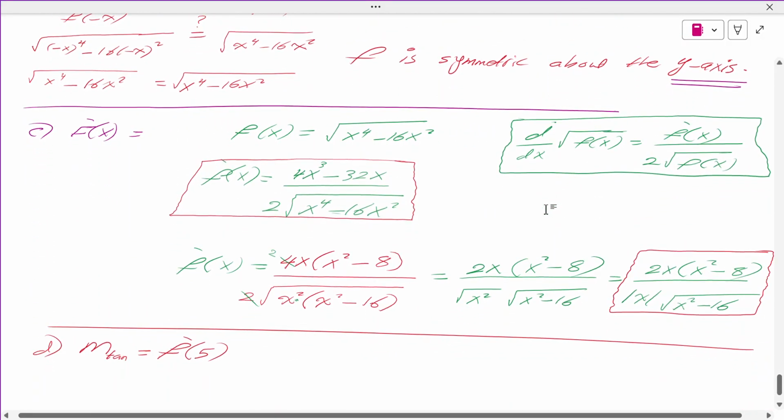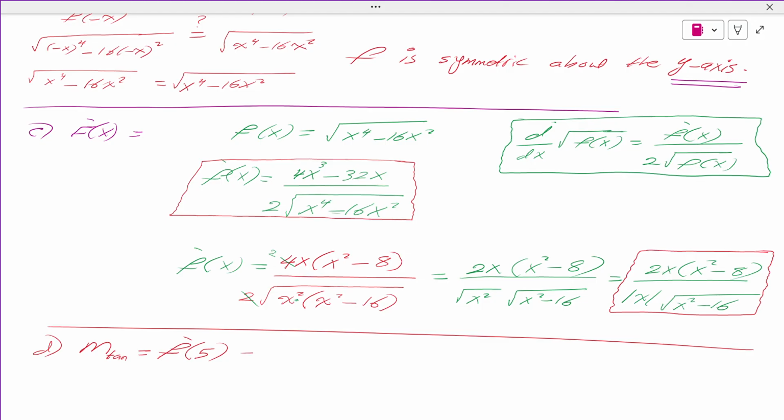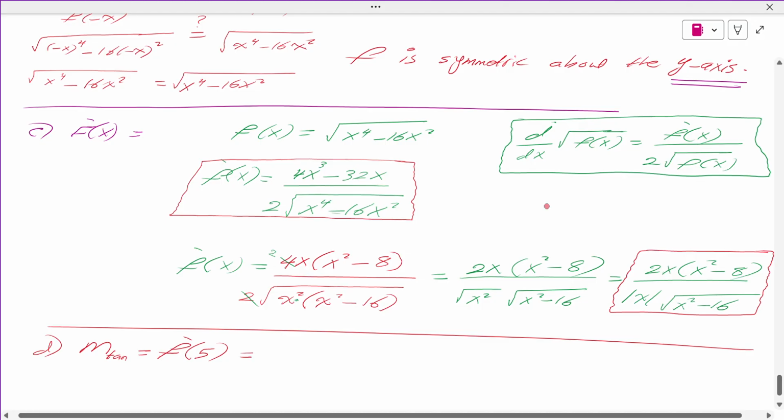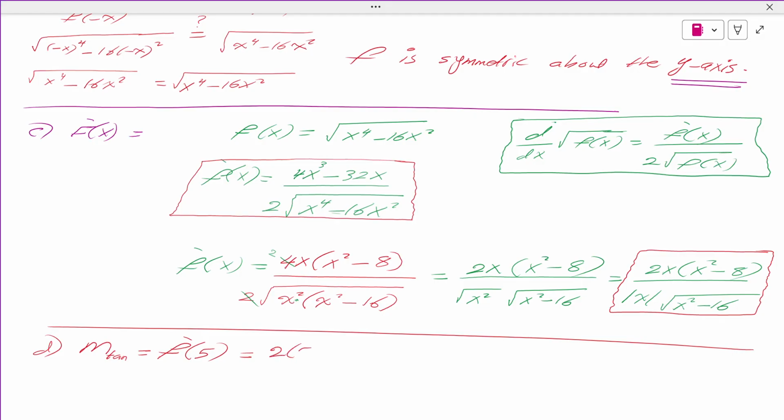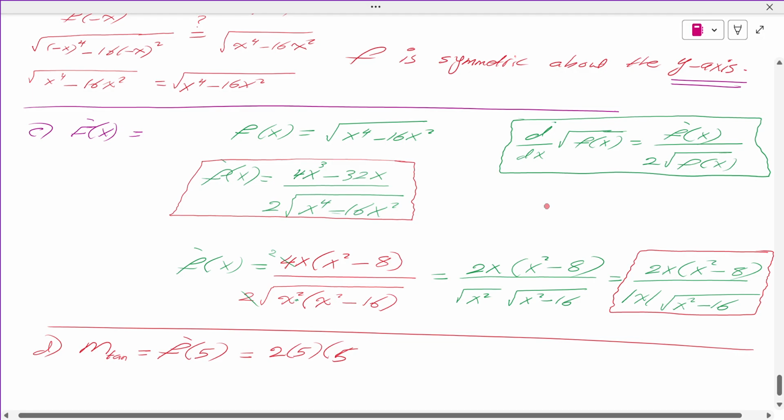So we already found the derivative. We just need to plug in the 5. So 2 bracket 5 bracket 5 squared minus 8 all over absolute value of 5 square root of 5 squared minus 16.